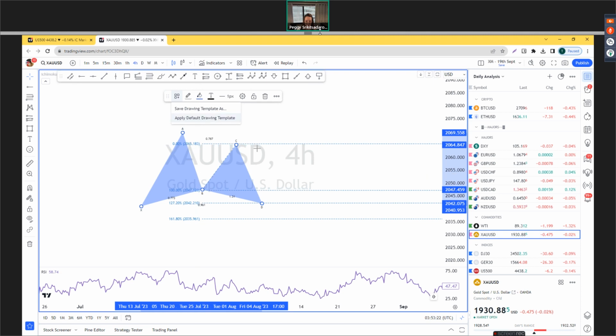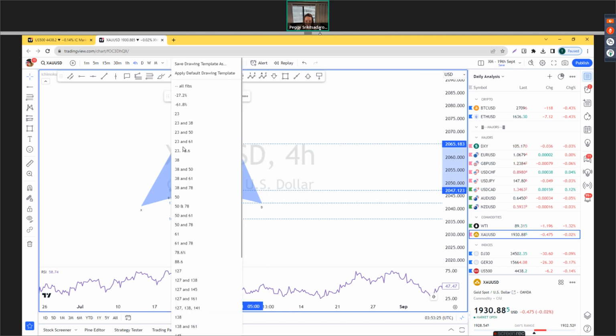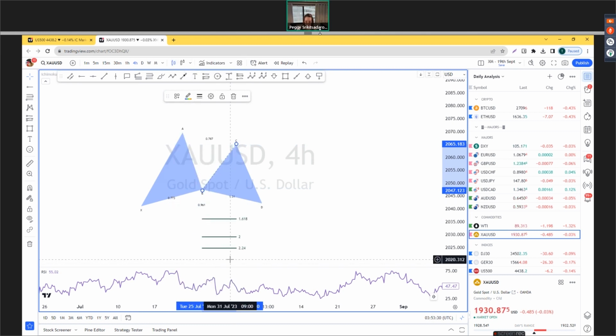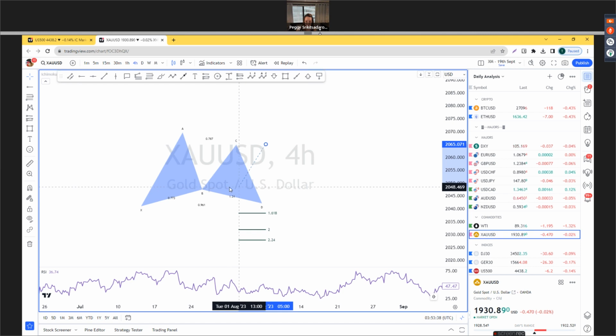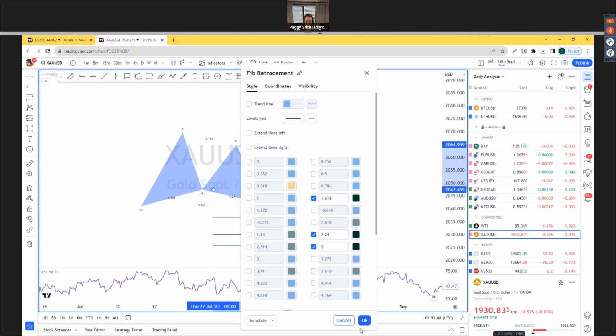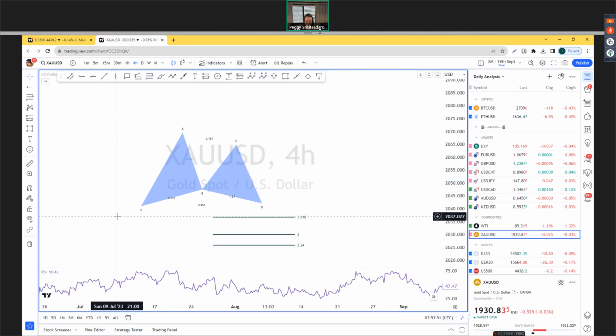So I use the BC extension for the butterfly. It could be here, or you can get the D point from the extension. This is the one.